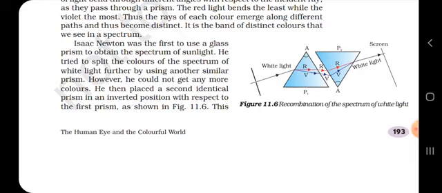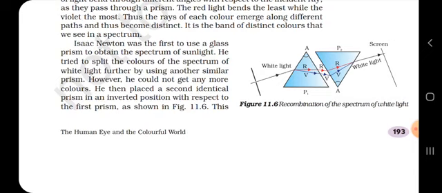But when these 7 colors passed through the inverted prism, he got the white light again. This shows that when the two prisms are kept together in this way, we get white light again.